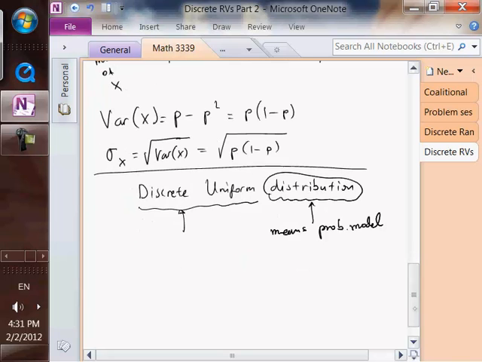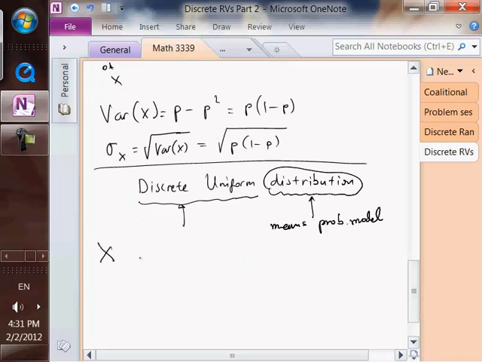So what is this here? X, that's how things will start. X, a random variable, which takes values, let's give it values 1, 2, up to n, has the discrete uniform distribution.